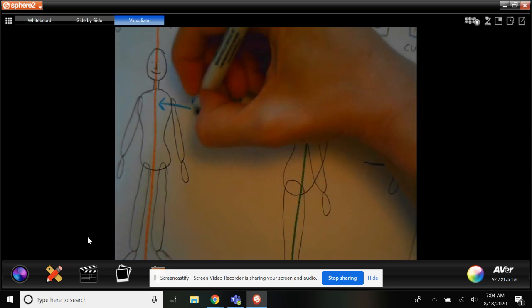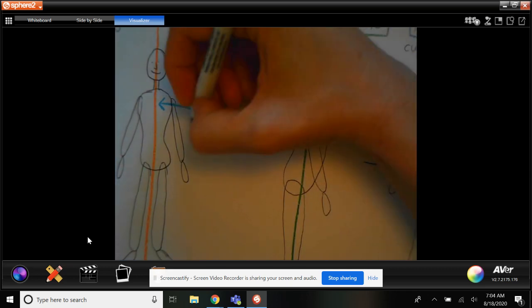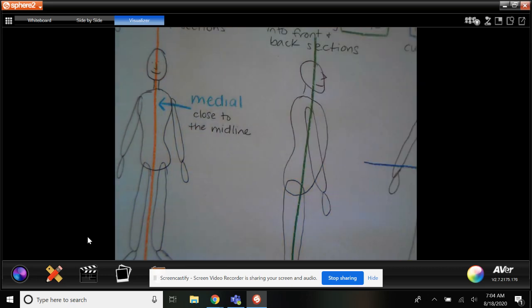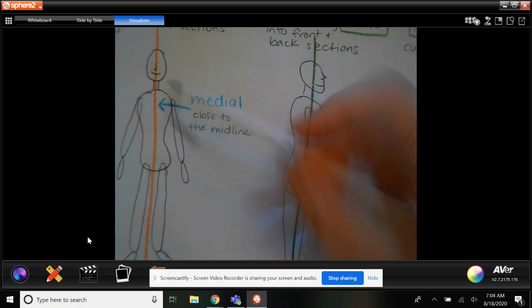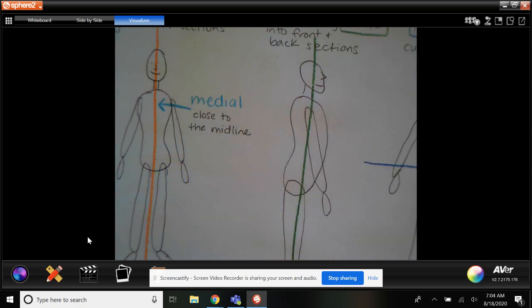Medial. That means close to the midline, or close to the middle of the body. So, for example, the center of your rib cage is in a medial position compared to your shoulder. It's closer to the midline.